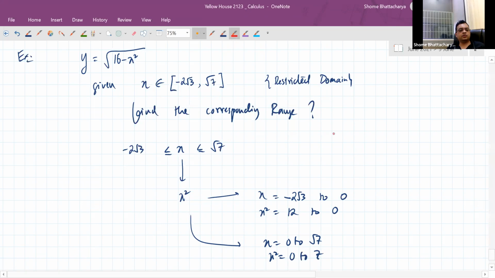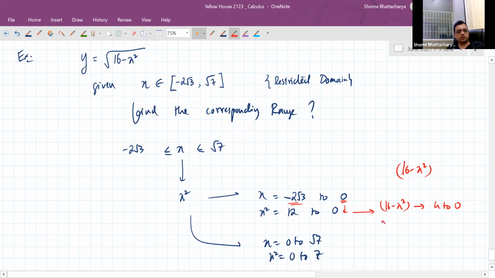So next you look at the quantity 16 minus x square. As x is going from minus 2 root 3 to 0, x square is going like this. So 16 minus x square is going where? 16 minus x square is decreasing from 4 to 0. Okay.